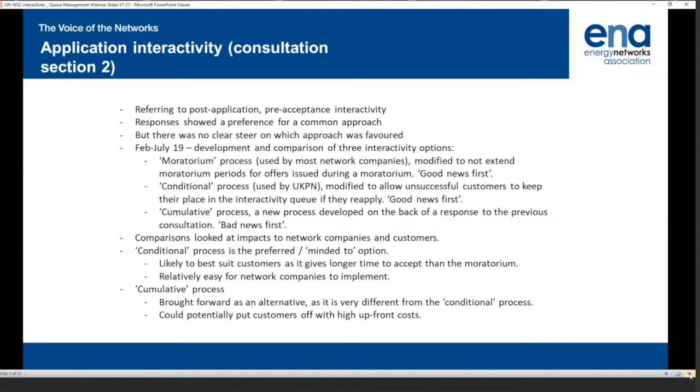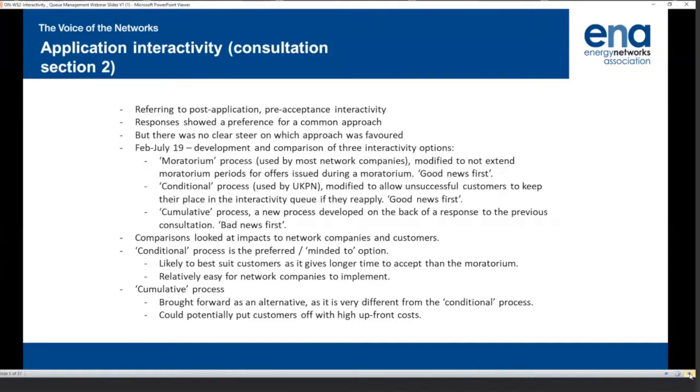Then the last one there was the cumulative process, so-called. It's a new process that we've developed on the back of a response to the previous consultation. And it's a bad news first approach, if you like, because with the cumulative process, which I will explain shortly, every offer that's issued assumes that every other offer before it has already been accepted.